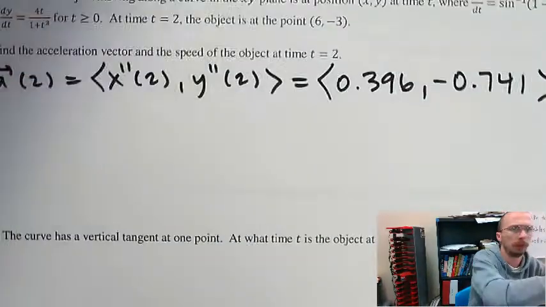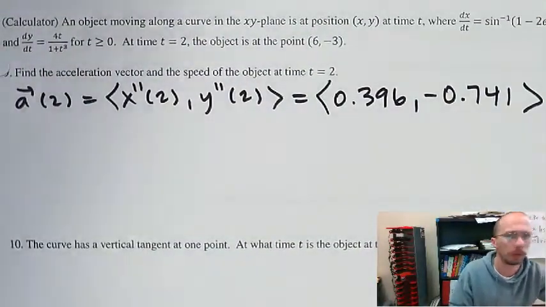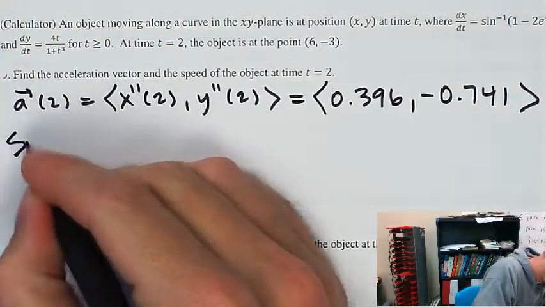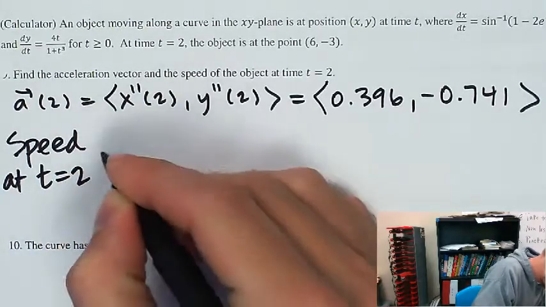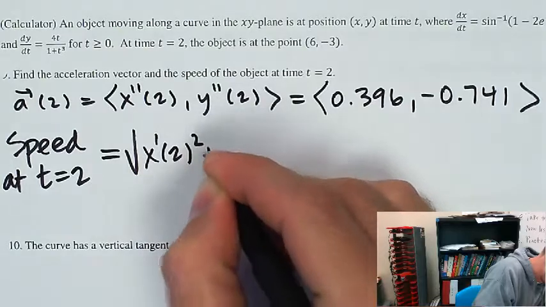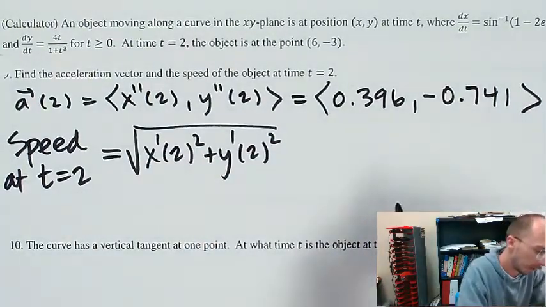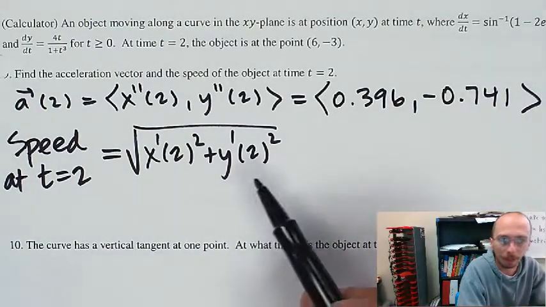Okay, too zoomed in here. That'll work. Refocus it. All right, and the speed at t equals 2 is going to be equal to the square root of x prime of 2 squared plus y prime of 2 squared, which, oftentimes, I've got it in y3.